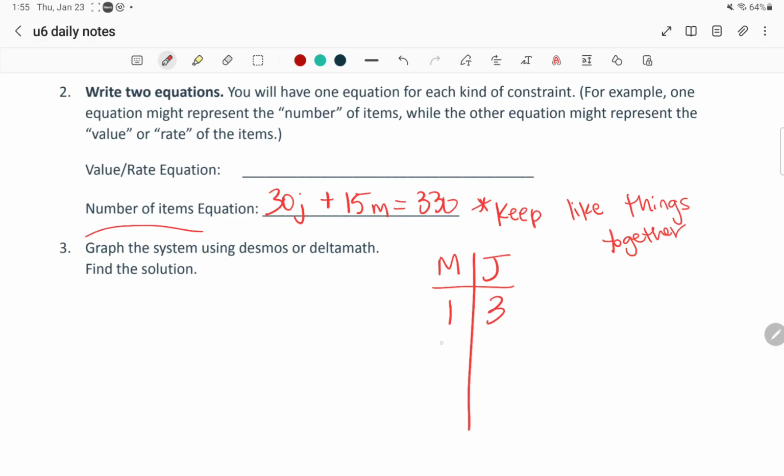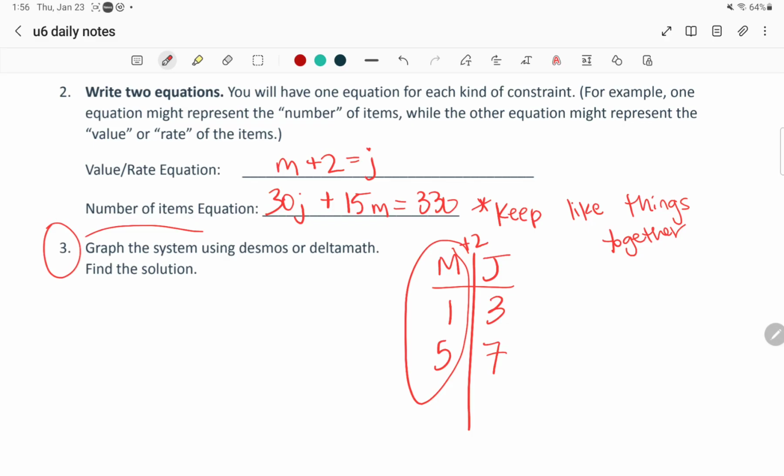If she works 5 hours, we know that Johnny worked 7. So the amount of hours that Johnny works is determined by the amount of hours that Maria works, and he works 2 more than her, which is plus 2. So my value or rate equation is going to be Maria's hours plus 2 equals Johnny's, because Johnny worked 2 more hours than Maria.